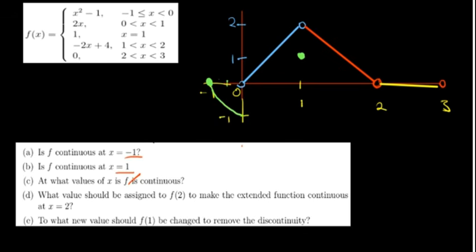At this point it's not continuous, very important, because at 0 it is not part. Okay, so I think we have it on our graph now.